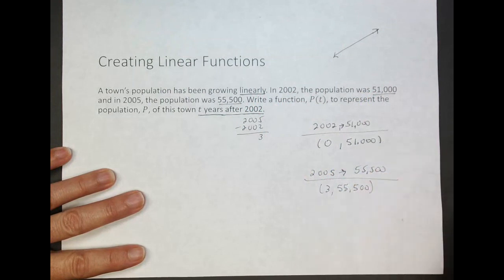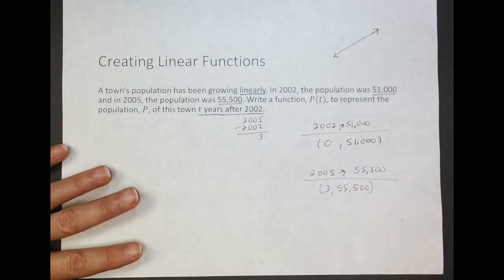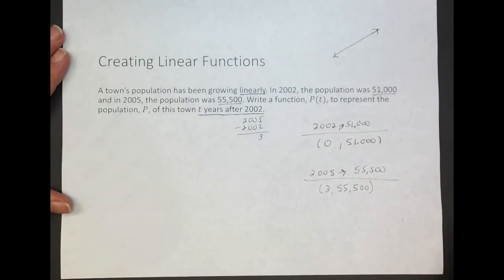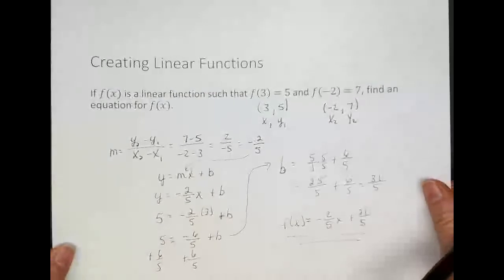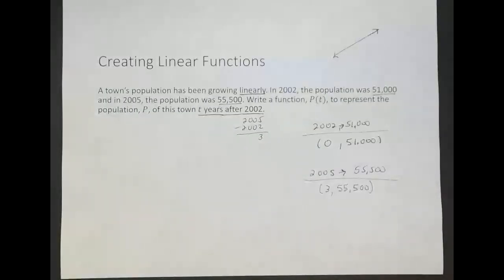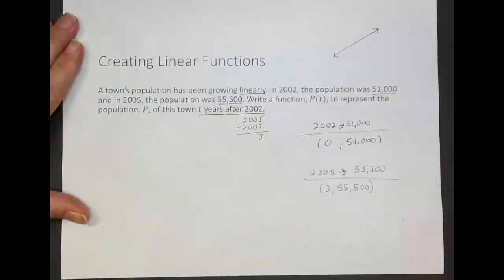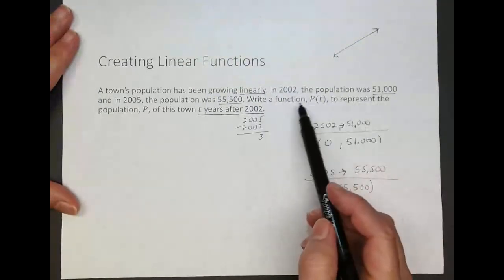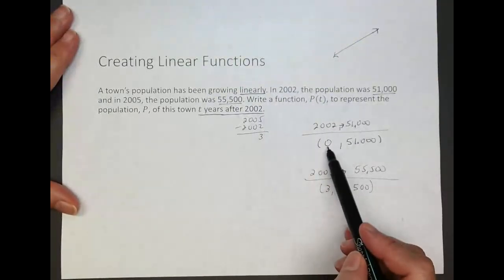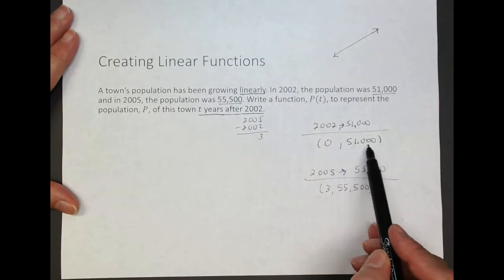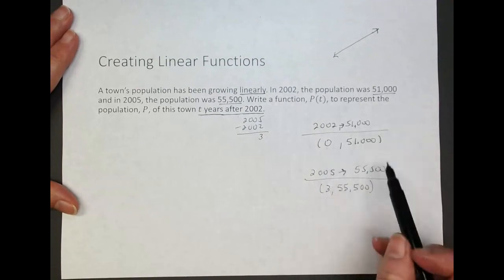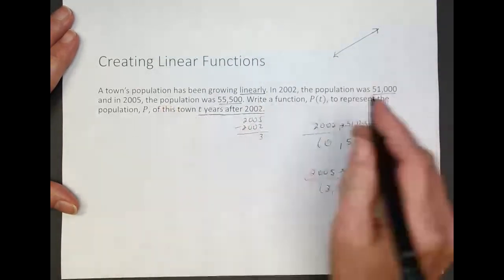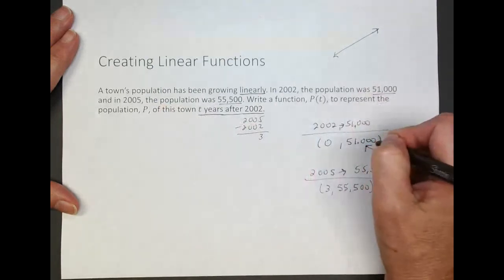So this now is looking similar to the other one we just solved, isn't it? So I could do the same exact thing I did when solving this problem here, or if I'm thinking, I might be able to do this one a little bit more quickly. Look, the input is years after 2002. Here the input is 0. So what is it telling me that 51,000 is? That's my initial value for this particular model, isn't it?